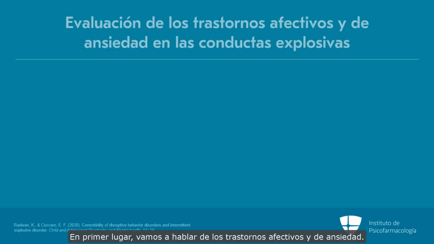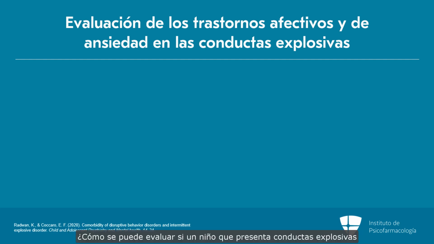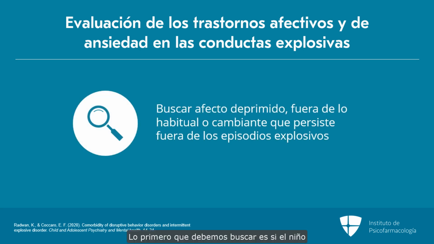The first thing we're going to do is discuss mood and anxiety disorders. So how might you evaluate for whether or not a child who's having explosive behavior may have an accompanying mood or anxiety disorder? The first thing to look for is whether or not the child has a negative, abnormal, or mixed emotional state that persists outside of the explosive episodes.